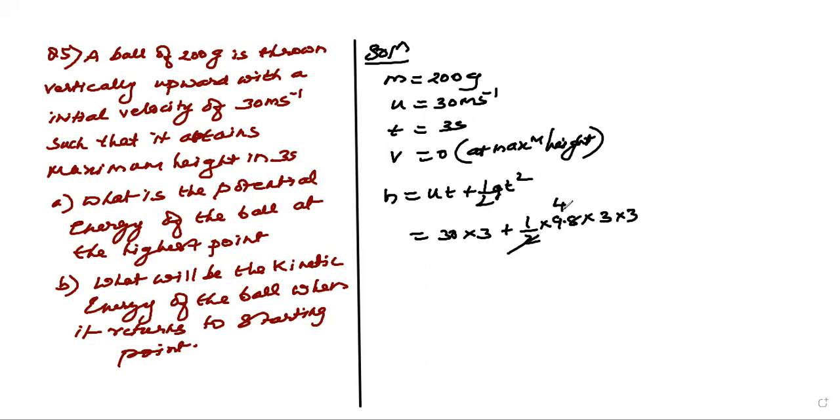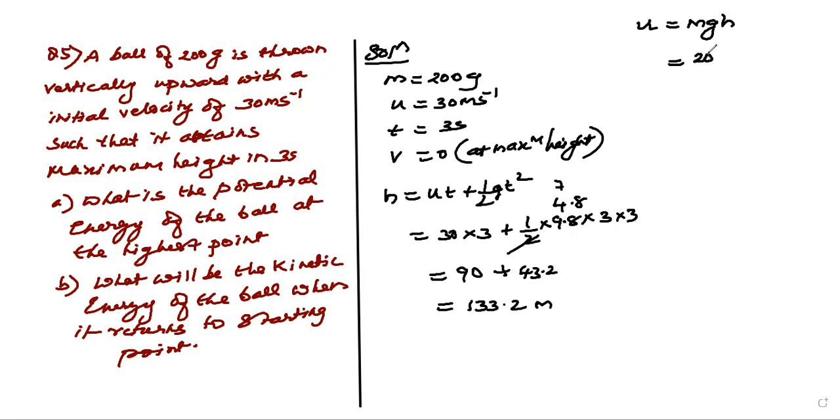This is 4.9. So 90 plus, 9 8s are 72, 9 4s are 36, so 43.2. When I add this, 133.2 meters.